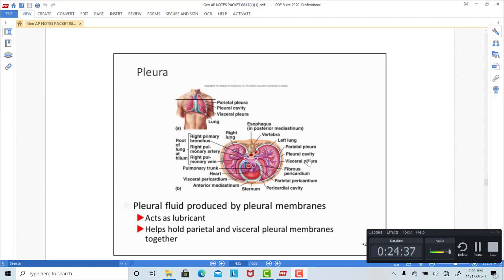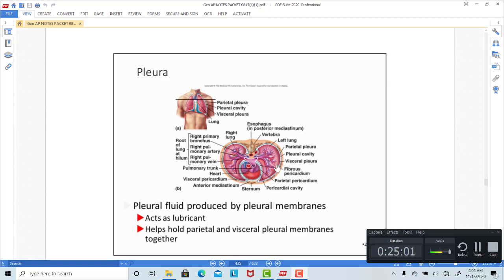The visceral pleura lies on the lung, and then it folds over as it gets to the body wall and lines the body wall, and that's called the parietal pleura. So parietal lines the body wall, visceral lines the lung itself.